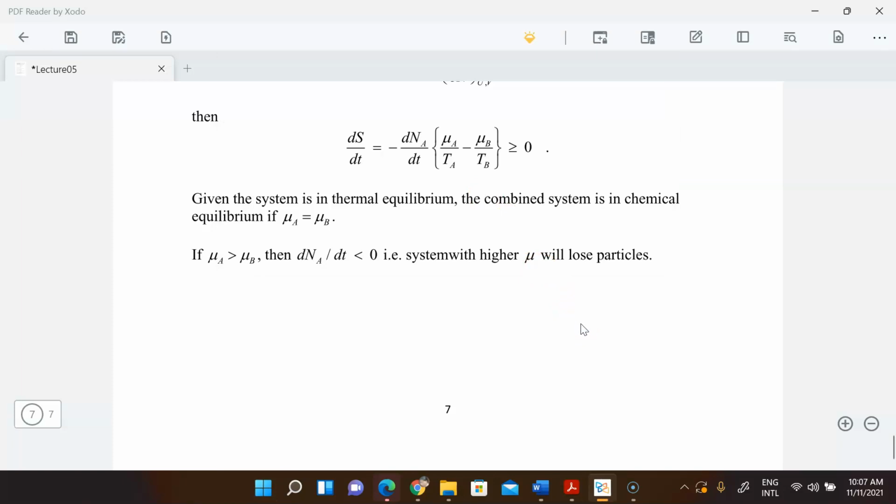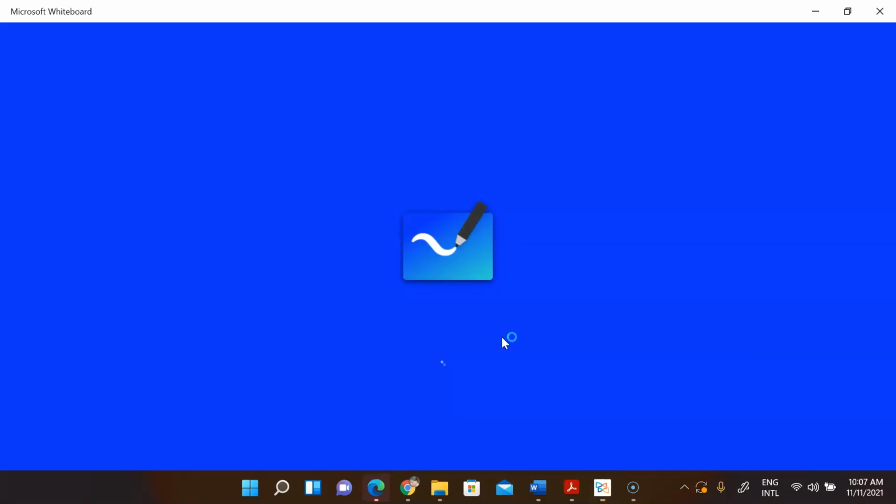Okay, just give me a minute because these programs tend to be slow in loading up. No? Okay, it's coming. Hopefully I can write on it.